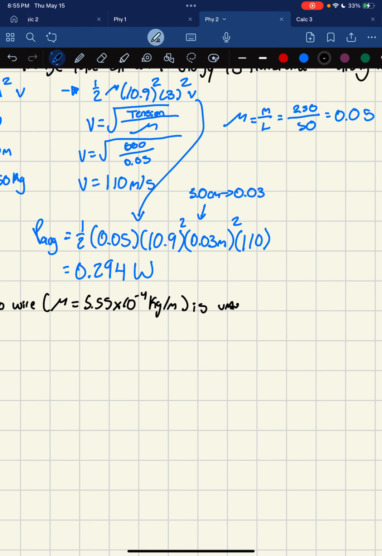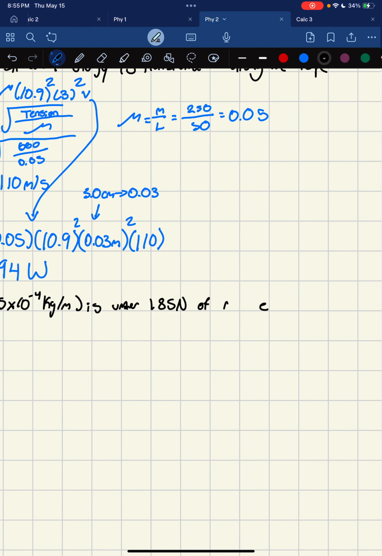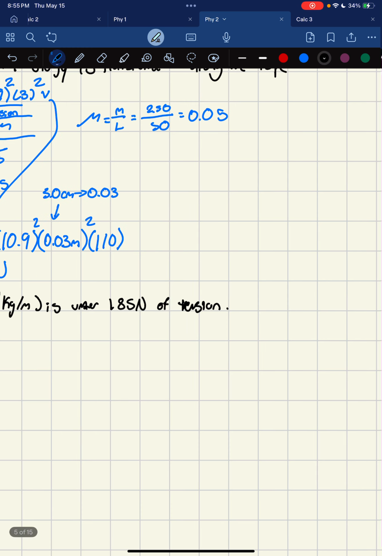It's under 185 newtons of pressure. Oh, tension. Whoops. Tension. A sinusoidal wave of frequency 256 hertz carries a maximum power of 5.2 watts along the wire.